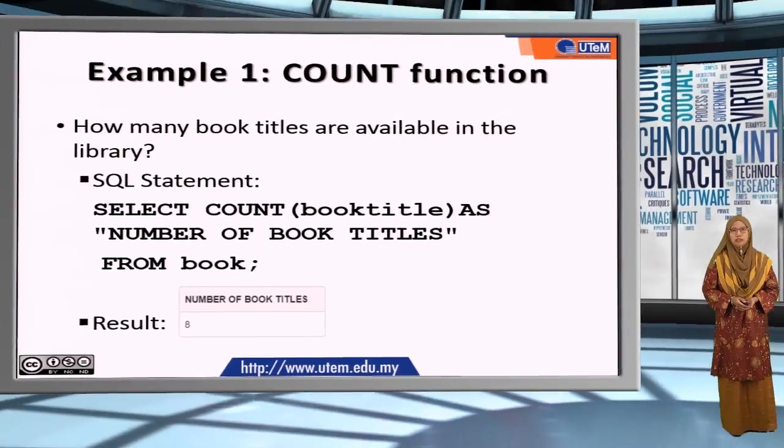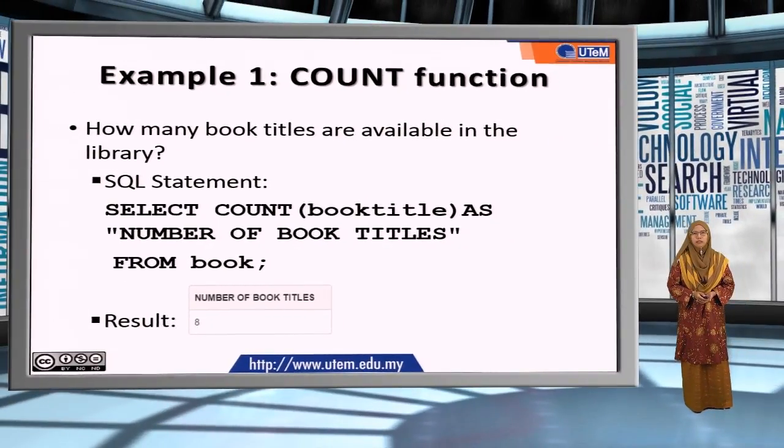Thus, the count function is used to count the number of book titles in the book table. The SQL statement in the slide shows how we use the count function on the book title column to get the number of book titles. The result of this statement is 8, which means there are 8 book titles available in the book table.